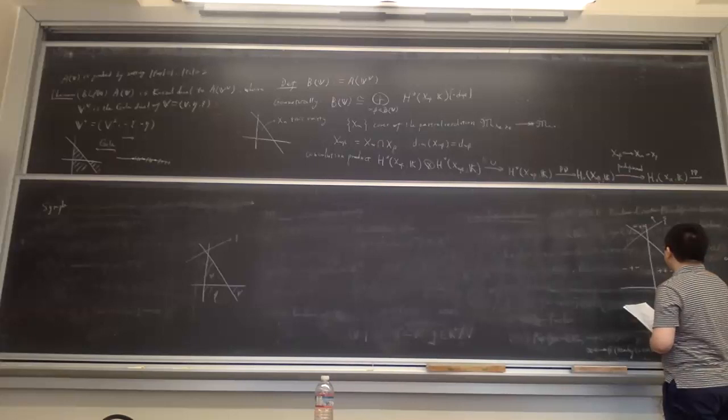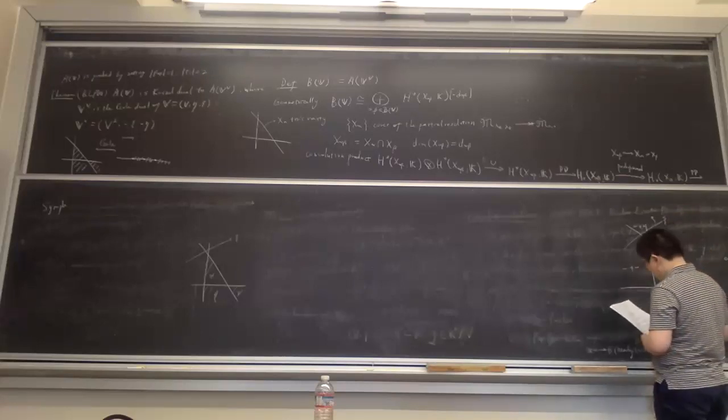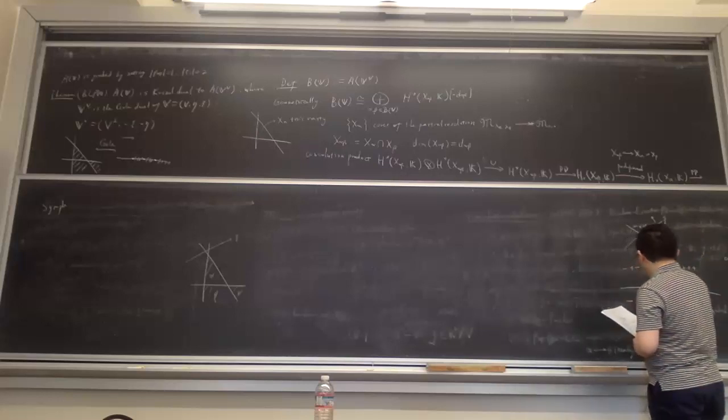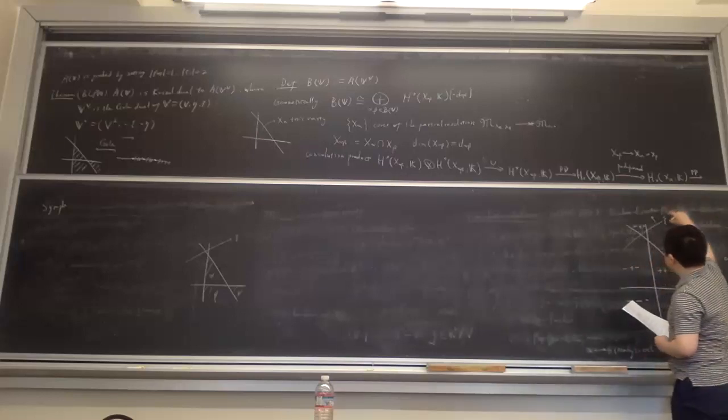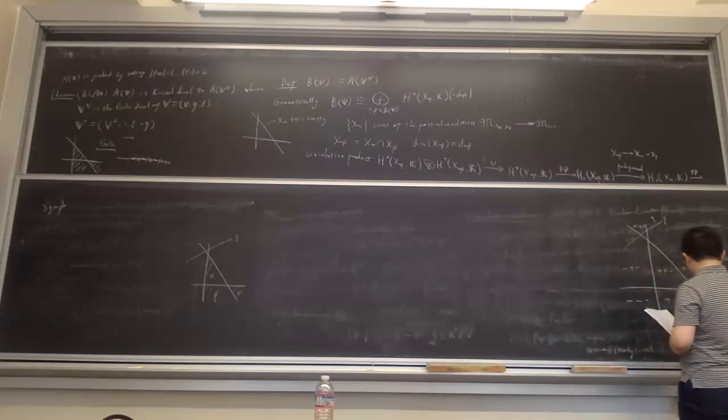This C can be realized as a kind of linear function on these chambers, and this sign has to do with the sign of this. And this boundedness corresponds to the fact that this linear function is bounded on this chamber. So this is T star P2.